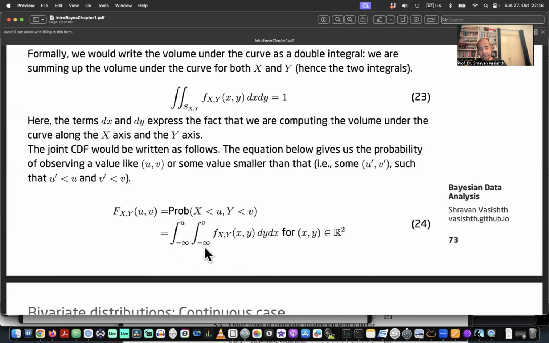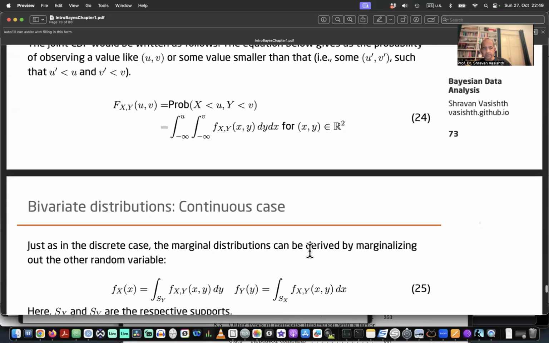So what we are doing is we are integrating for the upper bounds u and v with respect to y and x, and so we get the cumulative probability of observing u and v or something less than that, right? So basically, this is just a generalization of the univariate case, nothing complicated going on here, right?